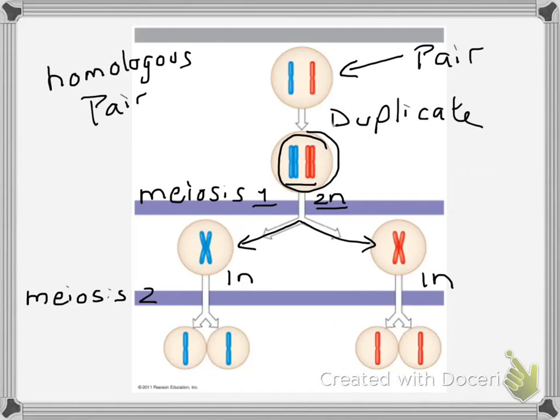That's diploid, 2N. Then in meiosis 1, we're going to pull the paternal chromosome over into this cell, and it is haploid now. There's only 1 chromosome present, and there's 1 here, rather than having 2 copies. Now, in meiosis 2, we are going to separate chromatids.